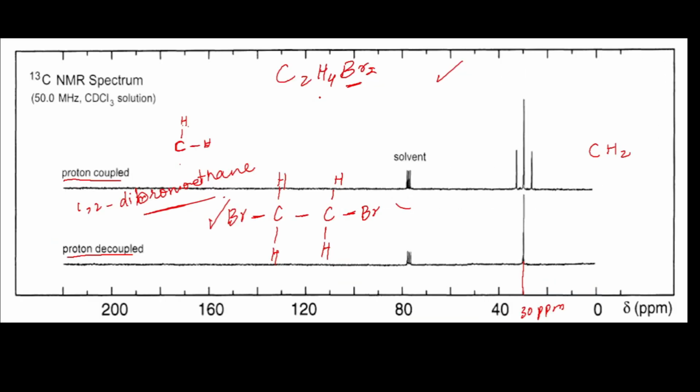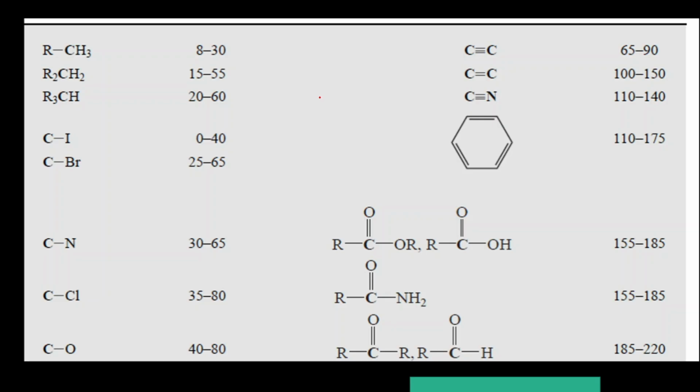So here, if you look at the chemical shift values, you can see these 30 ppm values are coming in a range shared by iodine, bromine, nitrogen, and even alkyl groups, where the carbon atoms also show values around 30 ppm. So how will you find out whether there is some functional group present, like bromine, iodine, nitrogen, chlorine or oxygen, or not?